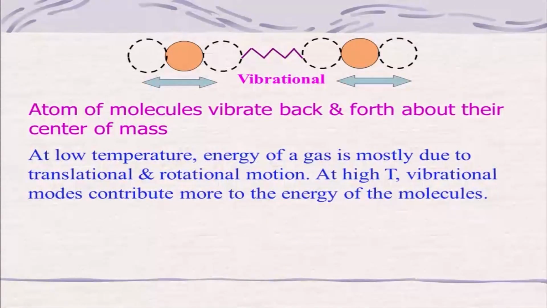Particularly at low temperature, the energy of a gas is mostly due to translational and rotational motion. But at high temperature, vibrational modes contribute more to the energy of the molecule, because microscopic energy is the sum of the translational, rotational and vibrational energy, right?